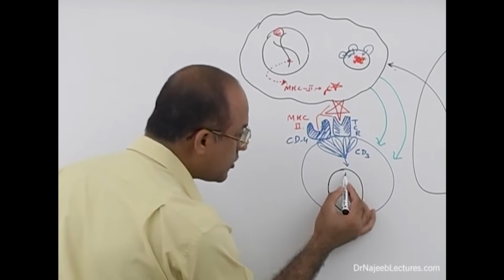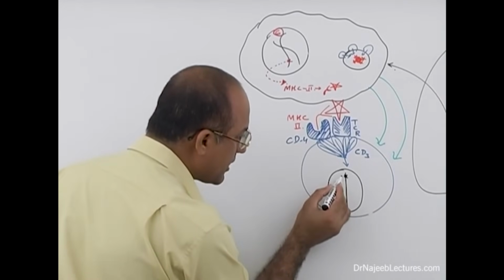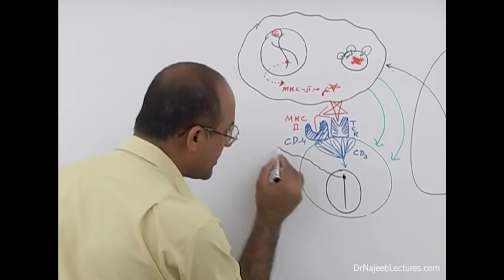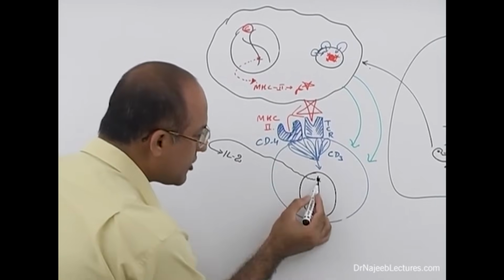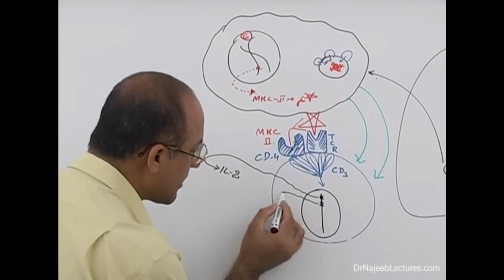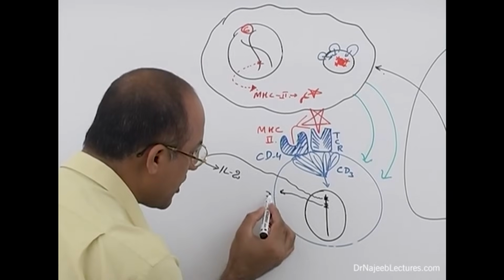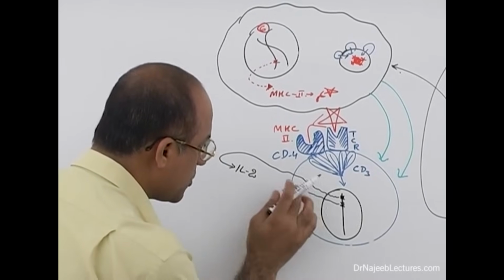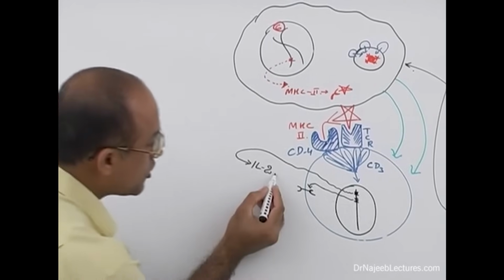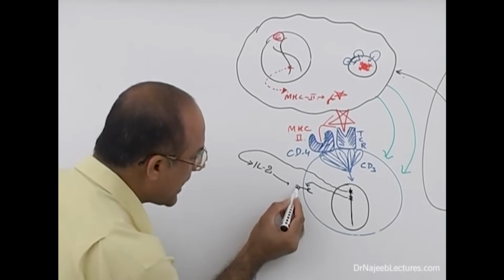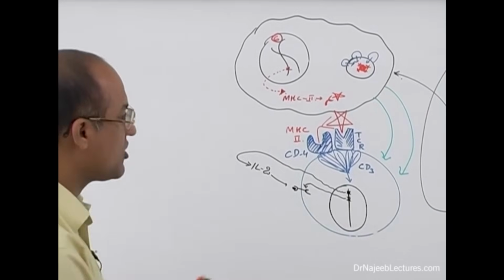The first gene will be stimulated, and this gene will make interleukin 2. Then a second gene will be stimulated, and that will make the receptor for interleukin 2. So this interleukin 2 will react on the receptors on this T cell.